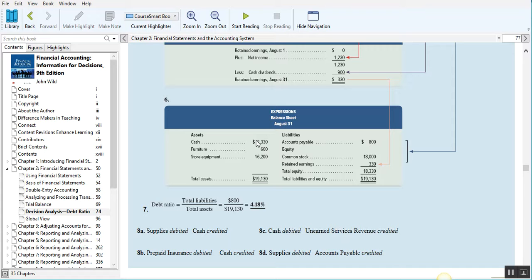This is not the classified version, but this will work. You're going to list assets on one side, show the total, and liabilities on the other. You're going to show total liabilities, and in equity, you'll break that down into the different components, which is going to include common stock and retained earnings. And then you add those together to get total equity, and then add that to the liabilities to show that these two are in balance.